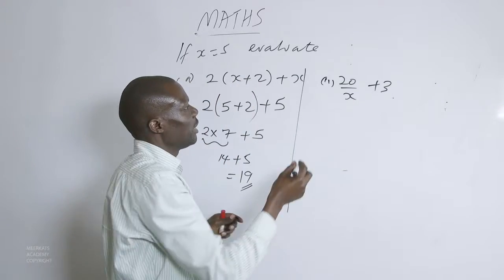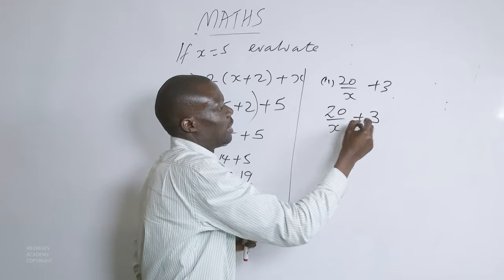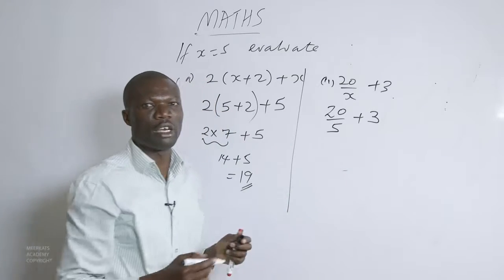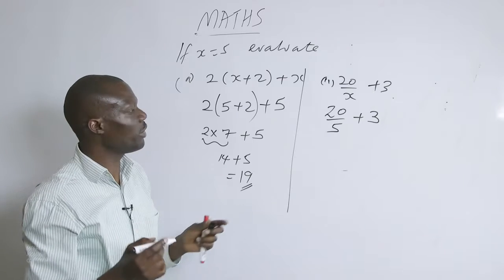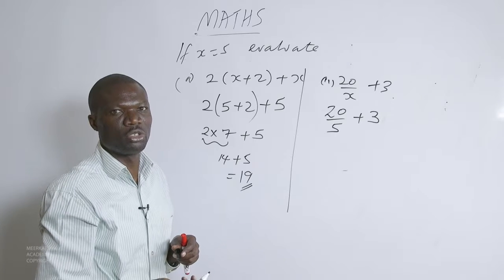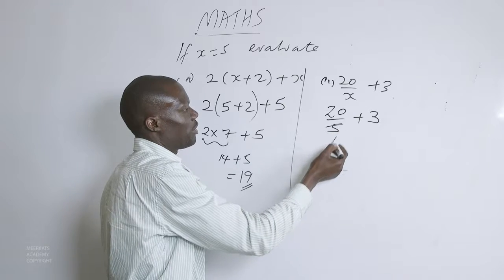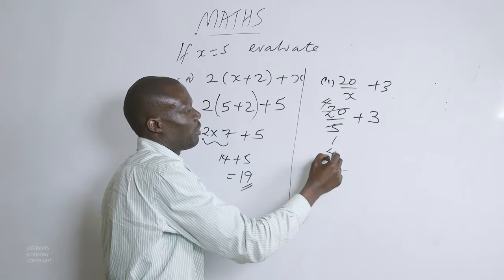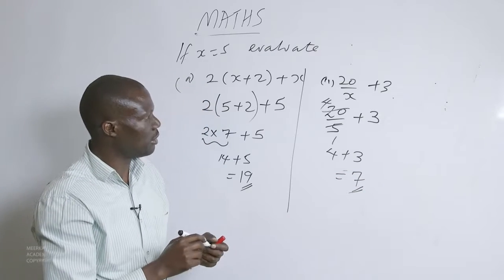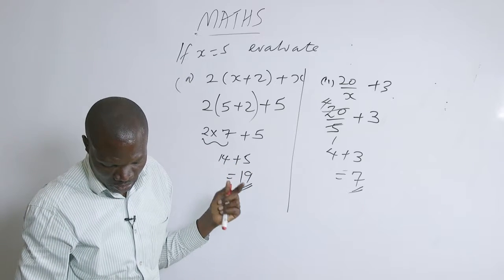We substitute it in, and you'll find that we have 20 over x, then plus 3, but x is 5, so instead of x, we shall have a 5. 5 is divisible into 20. So 20 divided by 5 is 4, and we remain with 4 plus 3, which gives us a 7.